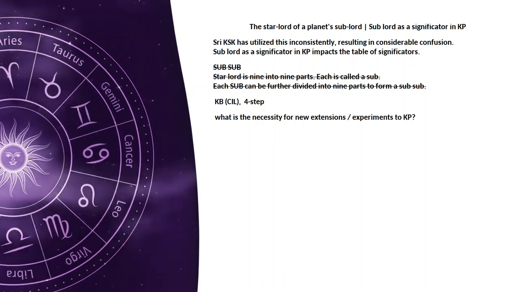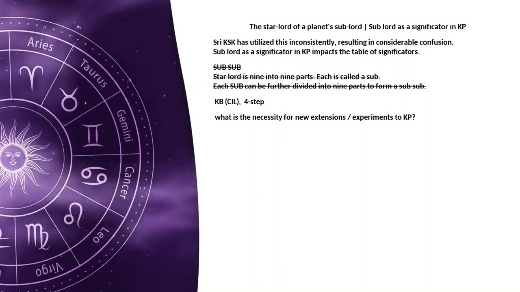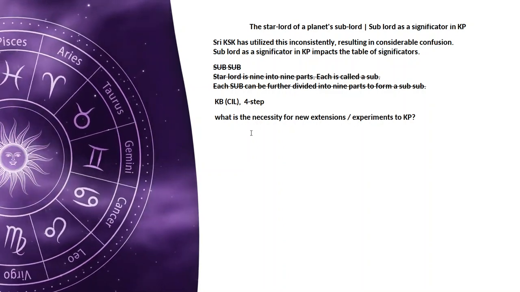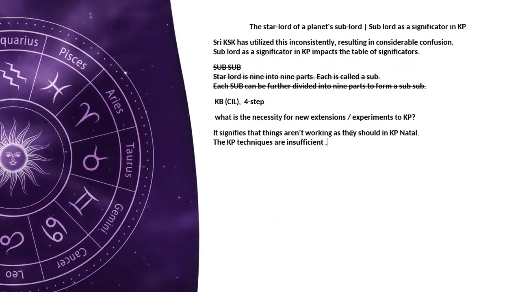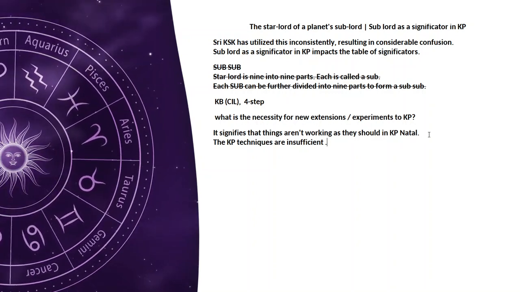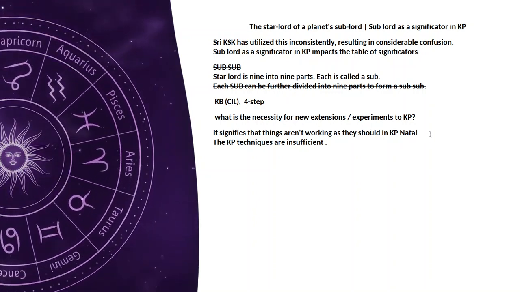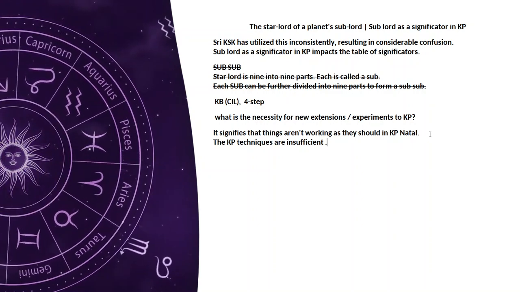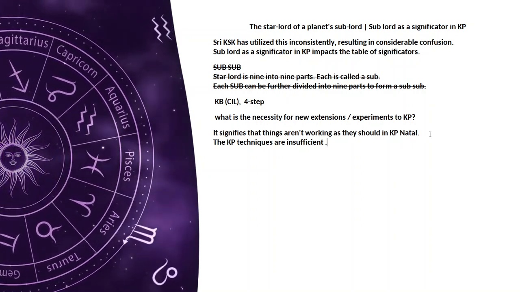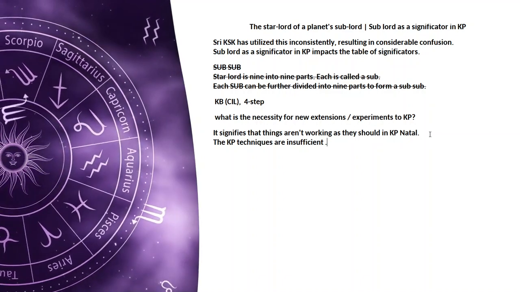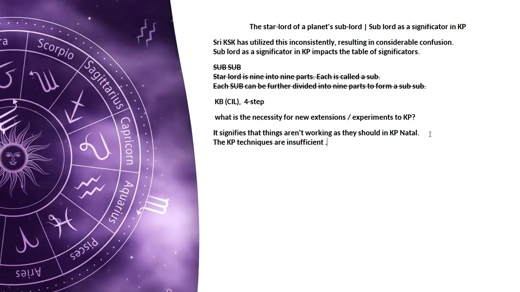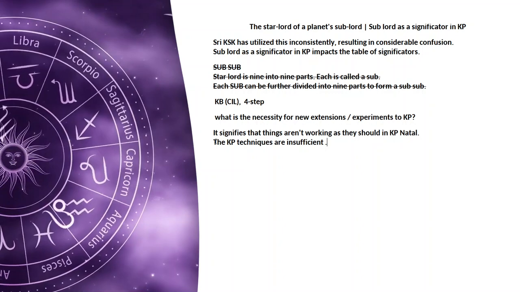Now, my own personal feeling is that not everything works 100% in the KP natal, the KP birth horoscope. The KP rules don't work 100% in all the charts. So the existing KP techniques are insufficient, especially in the birth chart.